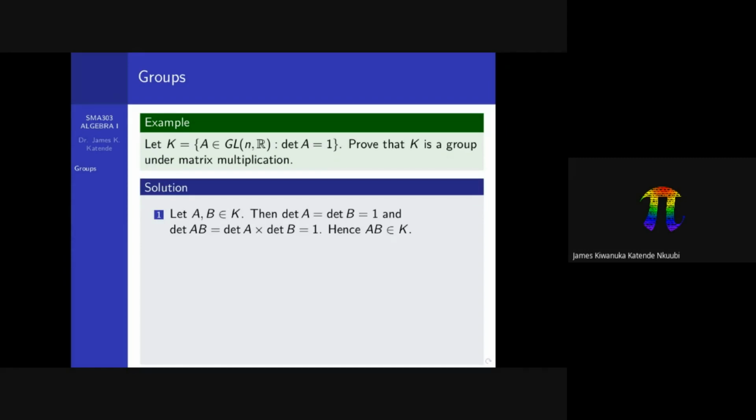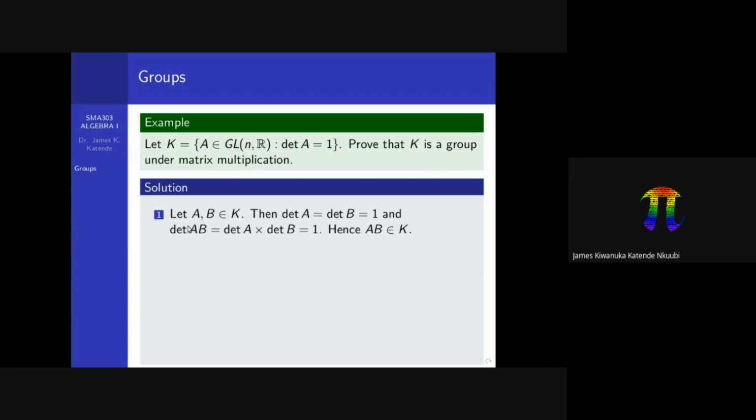So we prove that K is a group under matrix multiplication. We pick any two matrices in K, and since they are from K, they will both have determinant 1. So the determinant of the product AB, this again from your linear algebra, you know this is true, that determinant of AB is the same as the determinant of A multiplied by the determinant of B. And since each of them is 1, it's just 1 times 1 to give us 1 again.